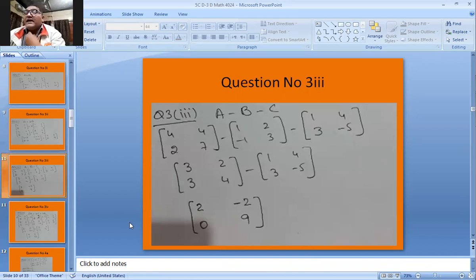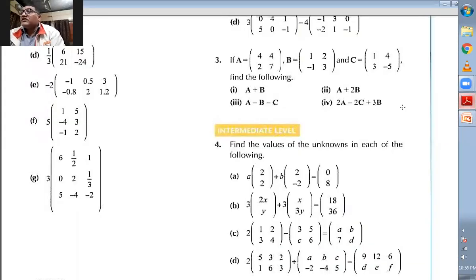Okay, now we have question number 3, and the third part. He says find the value of A minus B minus C. Let me show you the question first.